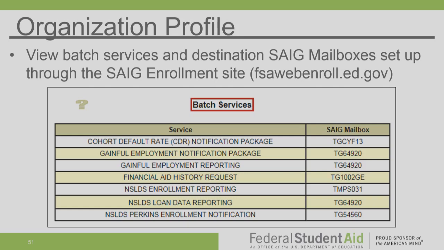However, the gainful employment notification package is going to a different TG number. So we just think this might be a better way for you to manage and at least ensure that all of these various services are associated to the correct TG number. And a TG number, of course, ends up associated to a person at your school as well. So certainly when it comes time to do that PDPA active confirmation, this could be very helpful in ensuring that you are directing information that you need to the right place within your institution.